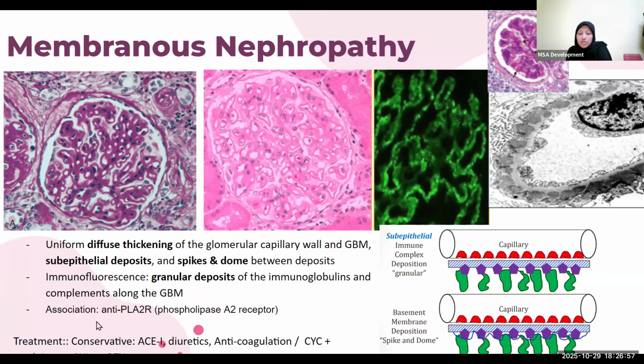For treatment, it's most of the time conservative. You can also give ACE inhibitors. It's not as important to know the treatment, but it's a general idea. I just want to show you because it's cut off, but there's prednisone down there. I'll fix that.